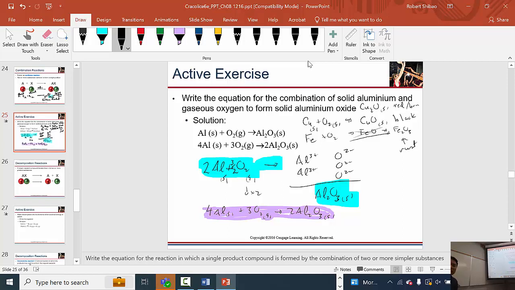Let me make a more difficult example here. What if we burn phosphorus in oxygen? What do you expect to form? Phosphate?